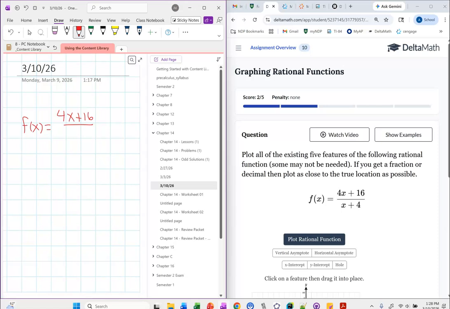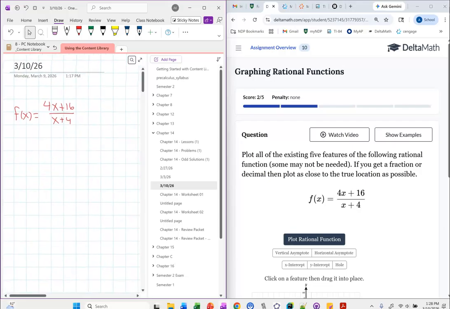So we want to start by capturing all the information we know about the key features. So we'll start by factoring. I notice that I can factor the numerator here. So that'll reduce down to just 4.